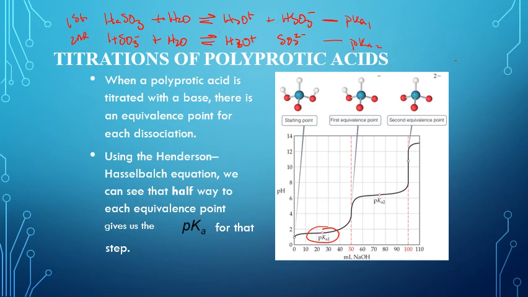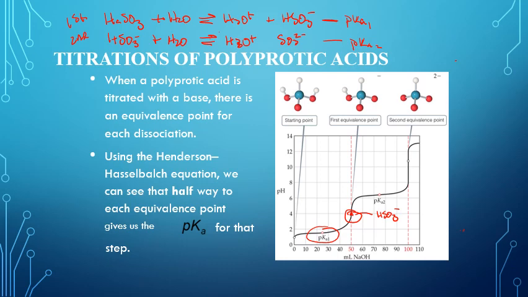So at this point where I look at the equivalence point, that would be where I have completely neutralized the first of the H3O plus, and all I would be left with at this point in the solution would be just the HSO3 minus ion in that solution, plus the water and whatever the base cation would be. So in this case, the NaOH, or the Na plus.